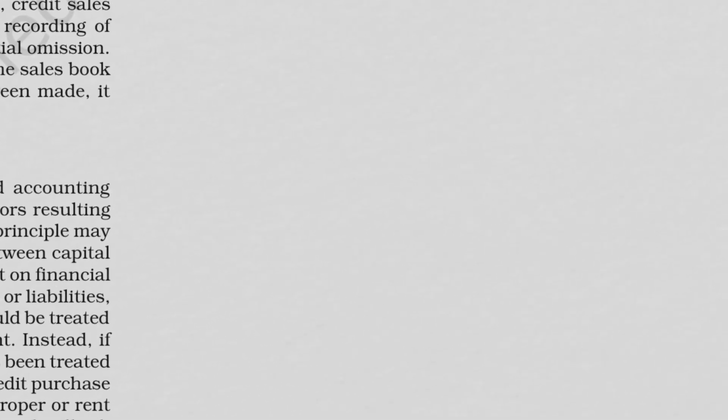Suppose a business purchases machinery for rupees 20,000. Machinery is an asset, so the correct entry should have been machinery account debit rupees 20,000 to cash rupees 20,000. I'm writing the short form here, but in the exam you have to write the full form, like machinery.